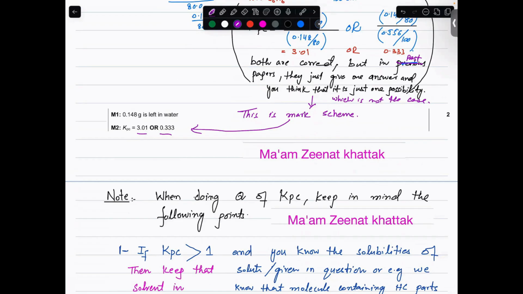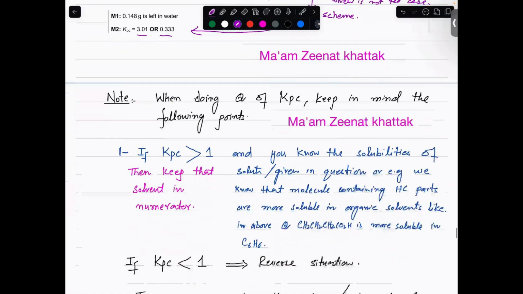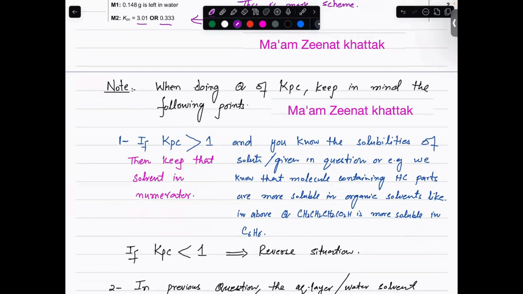Right? Now, next, when you do questions in the past papers, topicals, keep in mind that if Kpc is more than 1, this shows that the solvent in which the solute is more soluble is kept in the numerator. Like we know hydrocarbons are always more soluble in hydrocarbons.